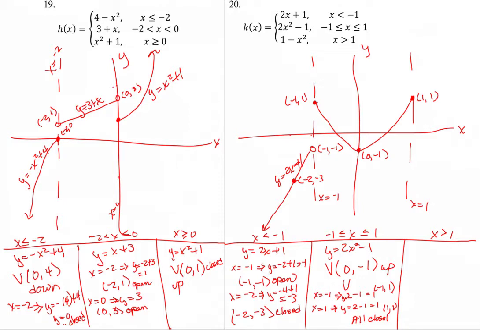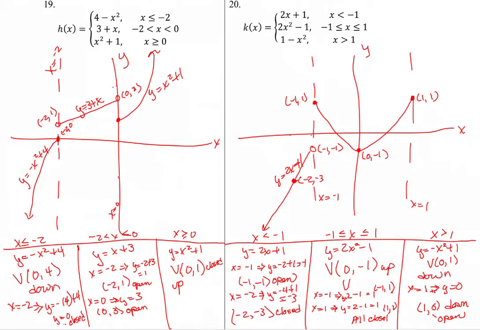Over here I have y equals minus x squared plus 1. So that's a vertex of 0, 1, and it opens down. At x equals 1, y equals 0. So I have 1, 0, and this is open.